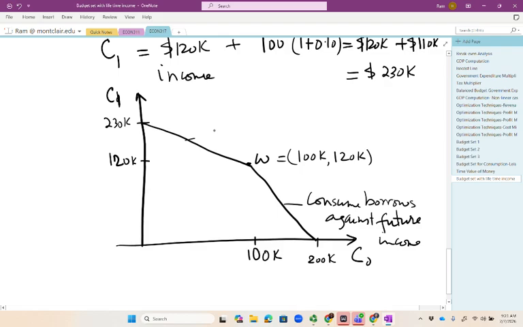In this segment, the consumer is saving from the current income, again with the idea of consuming more when retired. And this is a good point to stop.